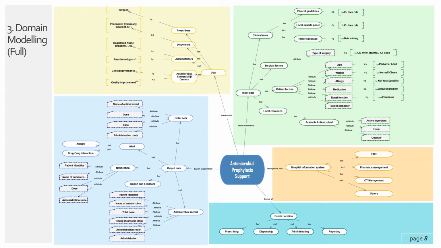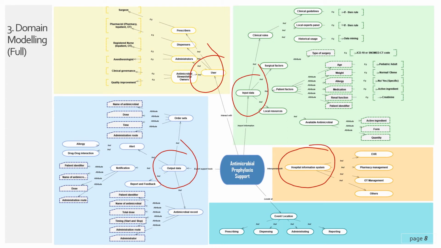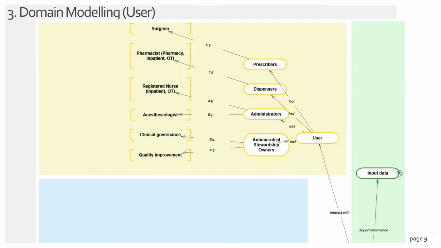So the domain modeling for the APS system will include 5 different parts: user, input data, output data, information system of the hospital, and event or location. The APS users include the prescriber, which is surgeons, and the dispenser, for example, pharmacists from hospital pharmacies or inpatient pharmacies.